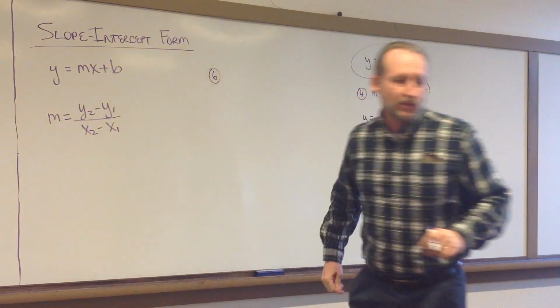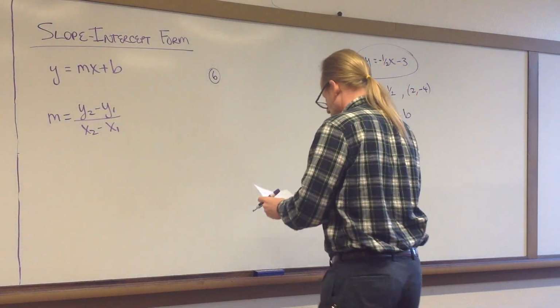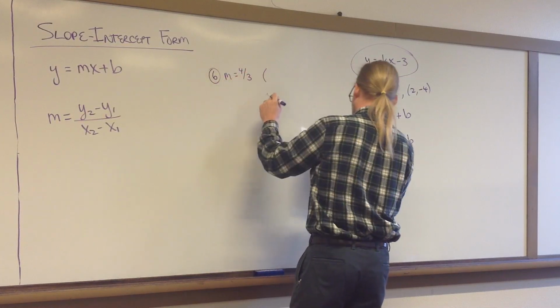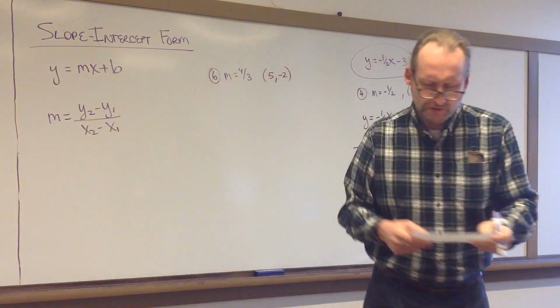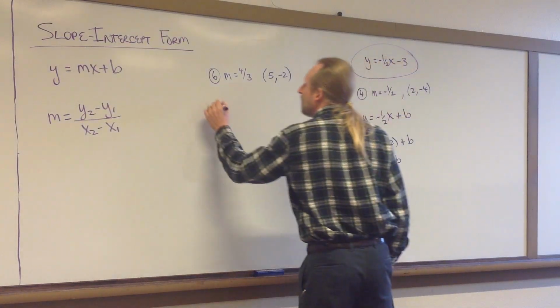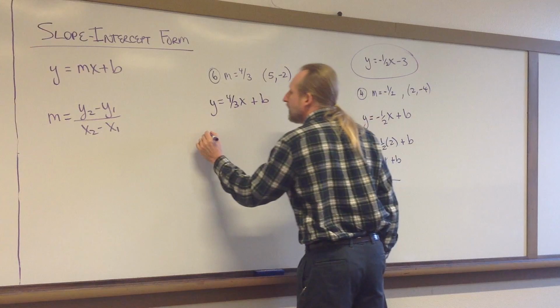Problem 6. Okay. Slope is 4/3, and it passes through the point 5, -2. Alright, so again, this is y equals 4/3 x plus b.